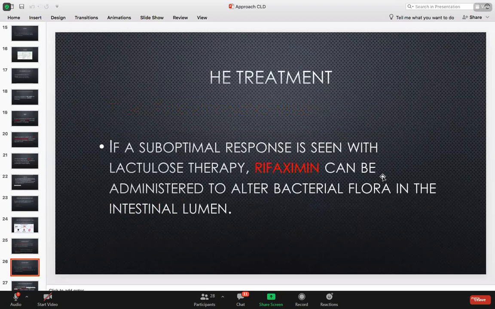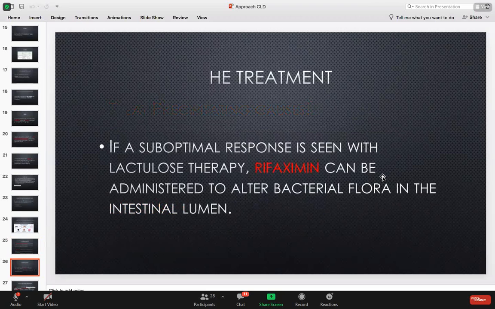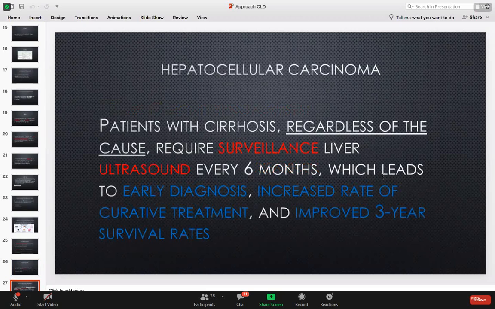If you control and treat the precipitant, and you gave the lactulose, but still there is no perfect response, you may consider giving an antibiotic, rifaximin, to try to alter the bacterial flora in the lumen of the intestine. Okay?